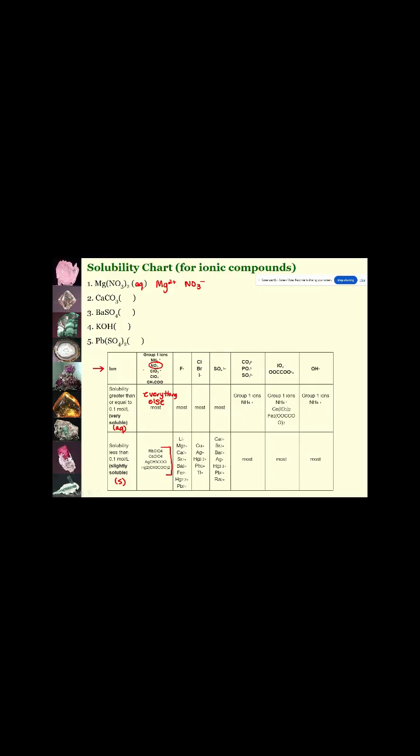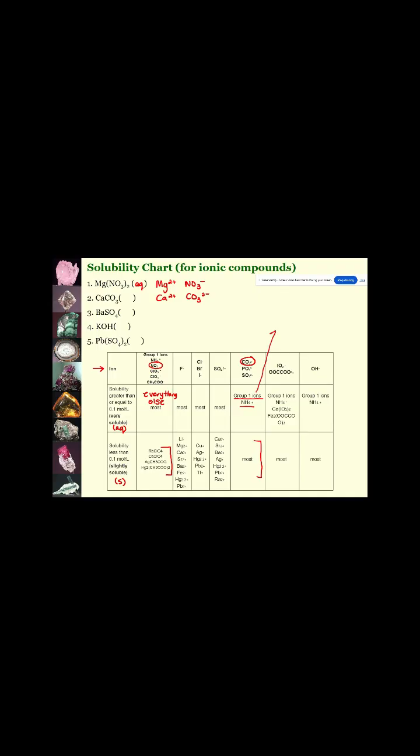Okay, calcium carbonate. So this compound is made of calcium ions and carbonate ions. So the carbonate ion is right here. Now most ions are going to be solid, insoluble with carbonate, unless it's a group 1 ion or the ammonium ion.